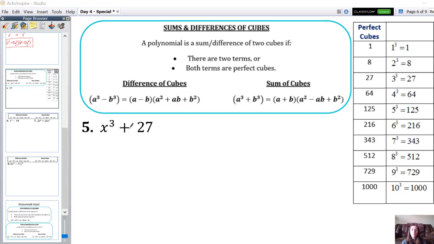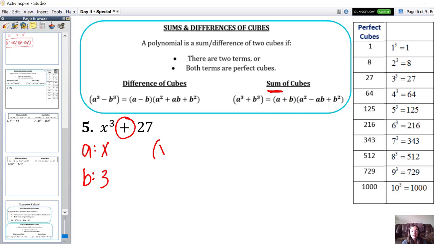Here we've got x cubed plus 27. I'm just going to write out what a and b are. So a is the cubed root of x cubed, which is x, and then b is the cubed root of 27, which is 3. Now I've got plus inside, so I'm doing a sum of cubes. So my first term is going to be the a plus the b.